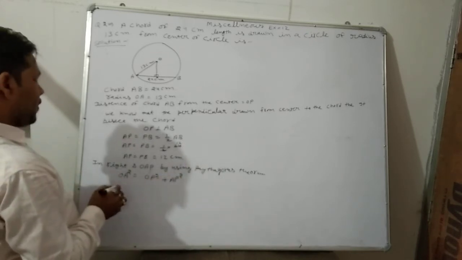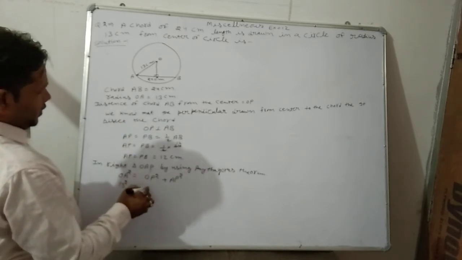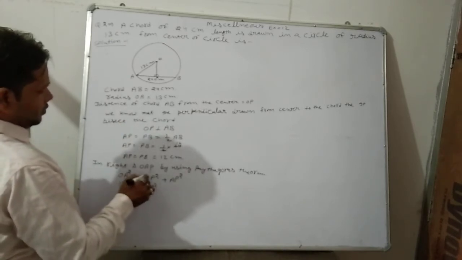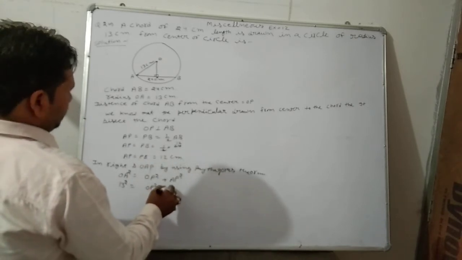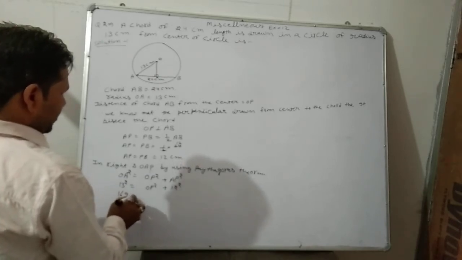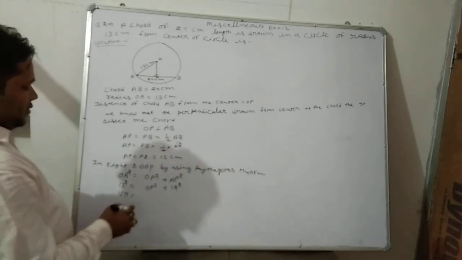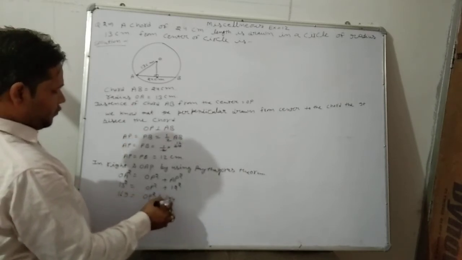Now 13 square is equal to OP square plus the value of AP, 12 square. So 13 square is 169, and OP square plus 144.